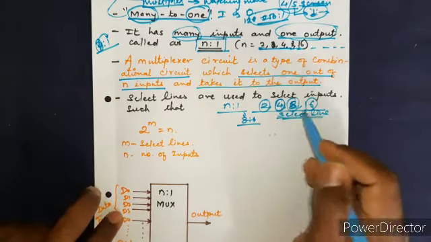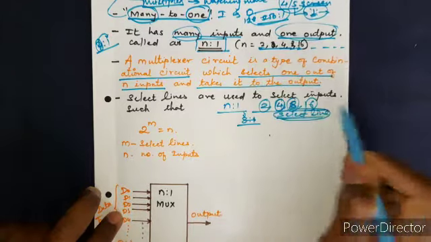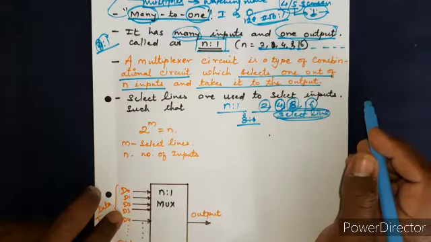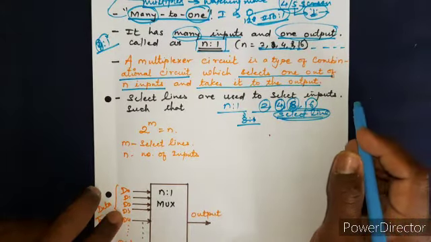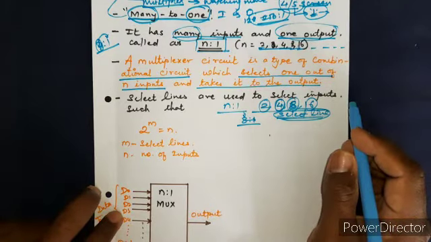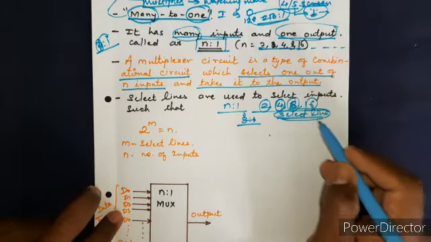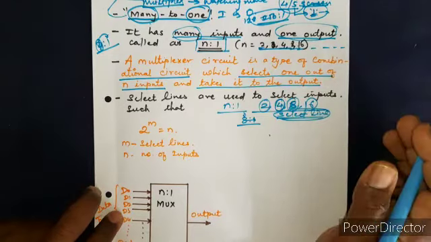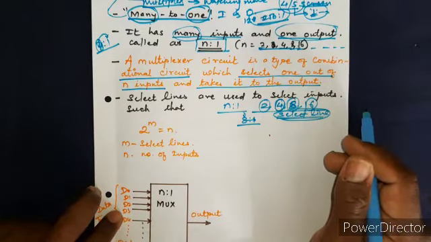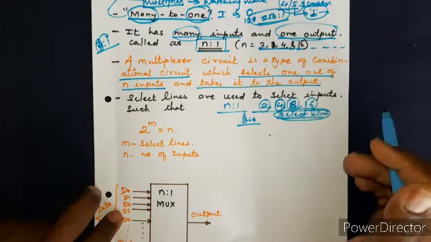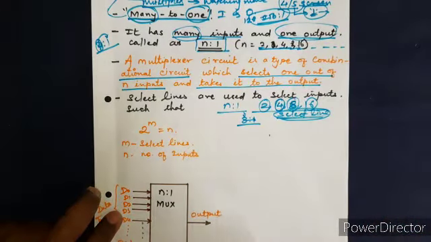Now that routing is done with the help of select lines. So select lines are a very important concept for a multiplexer. Without select lines you cannot have this multiplexer. Okay, you'll understand why I am saying this in a while, right?